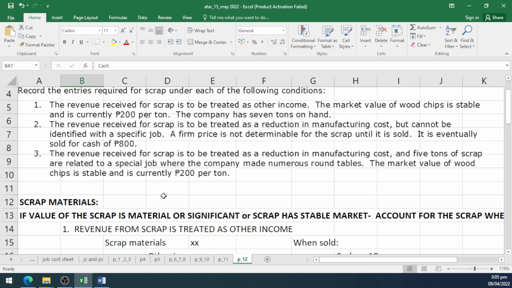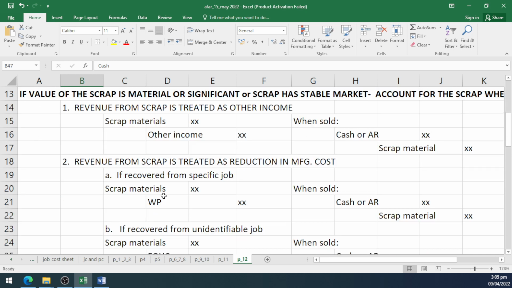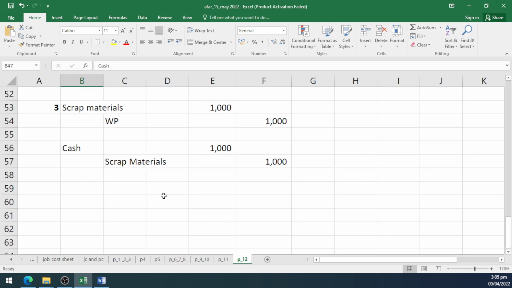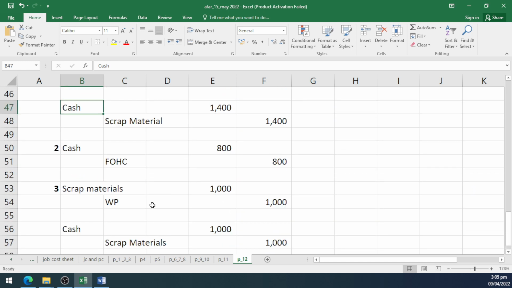Currently, 200 per ton. Ilang tons yan? 5. So, 1,000. Debit, scrap materials, 1,000. Credit work in process, 1,000. And then, pag nabenta na, debit to cash, or AR, of course, credit scrap materials, 1,000. Yan po ang accounting for scrap.